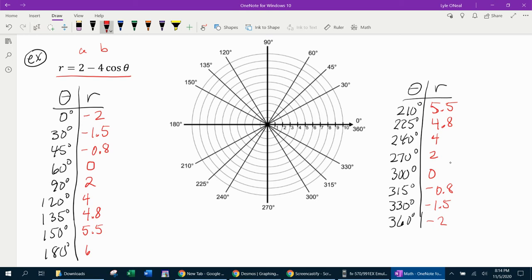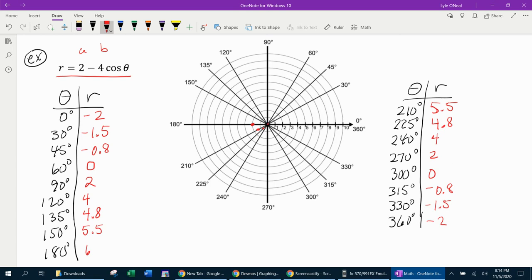So negative 2 is going to be right there. In the direction of 0, we're actually going to go the opposite direction 2 units. And in the opposite direction of 30, we're going to go 1.5. In the opposite direction of 45, that's going to be 0.8, right here.